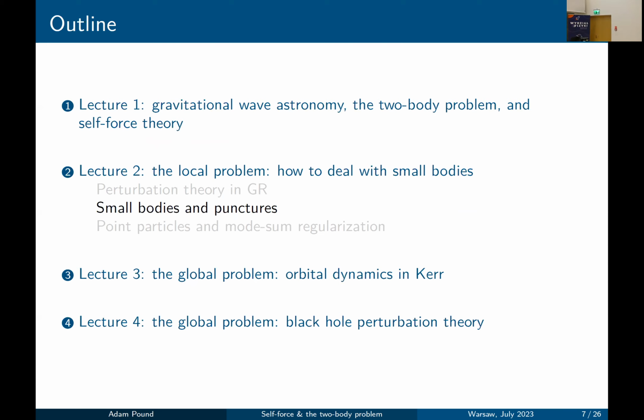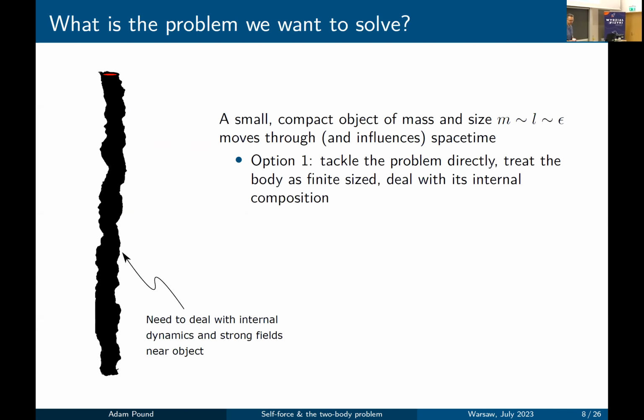Okay, everything I've said so far is just generic perturbation theory. Doesn't involve a small body in particular, it's just totally general. Now let's focus on the case of a small body, analyze how we want to deal with that. So we're taking some totally generic space-time and plopping a small body into it.